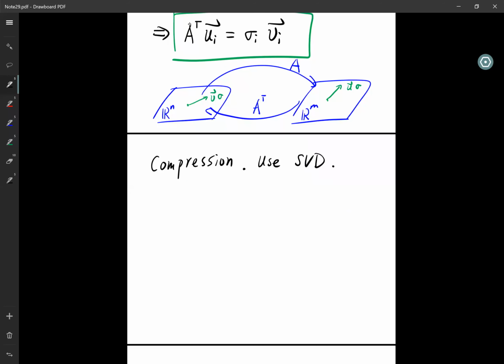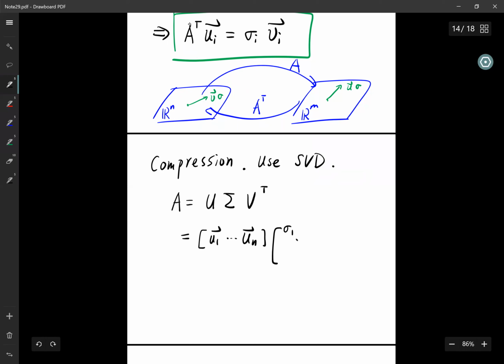So this A equals U sigma V transpose can also be written as U1 to Un, sigma 1 to sigma n, V1 transpose to Vn transpose. This is just a summation of Ui sigma i Vi transpose from 1 to n, right?